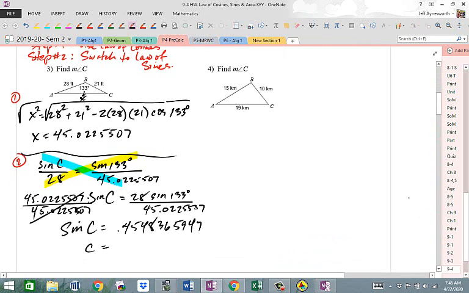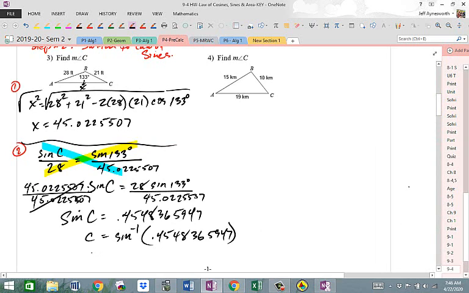Whenever you find the angle, you use the inverse. So it's the inverse sine of 0.4548365947, and so on. And then you get your answer. So angle C is equal to whatever this is.